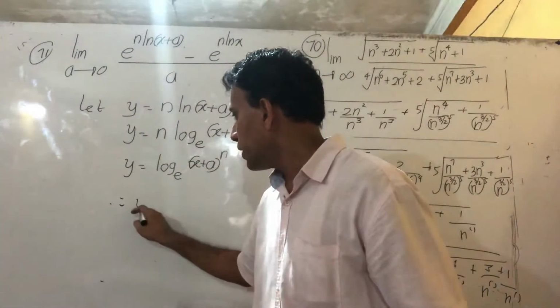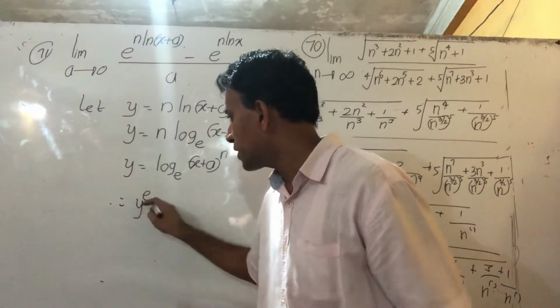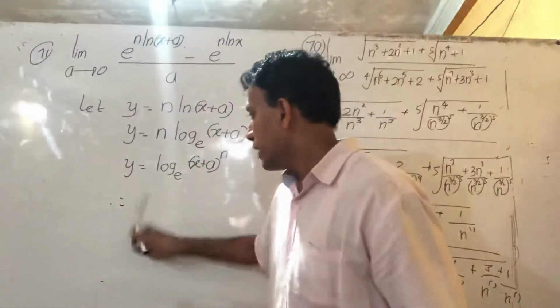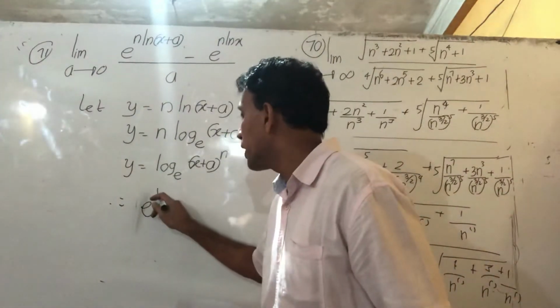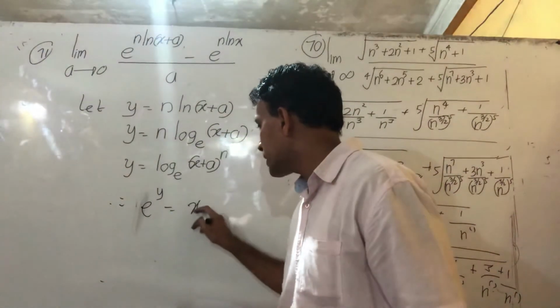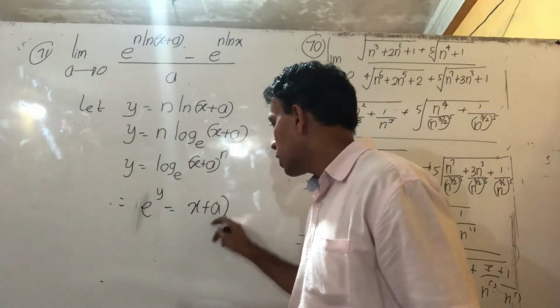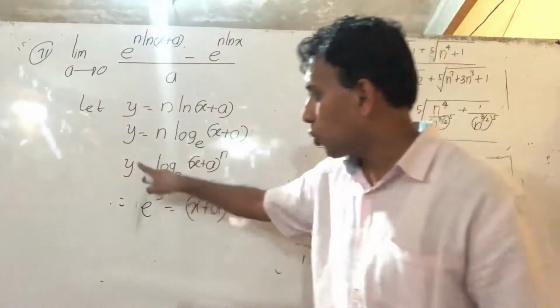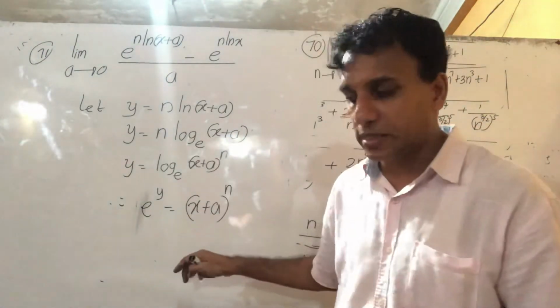Therefore, e to the power y equals x plus a to the power n. This is the indices method, right? Logarithm form, indices pattern. Okay.